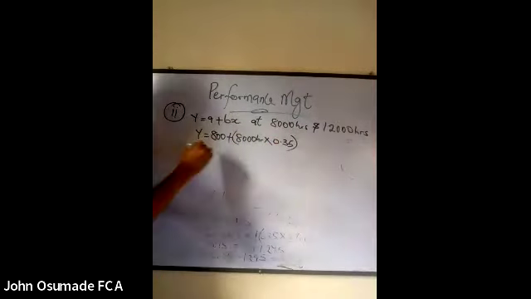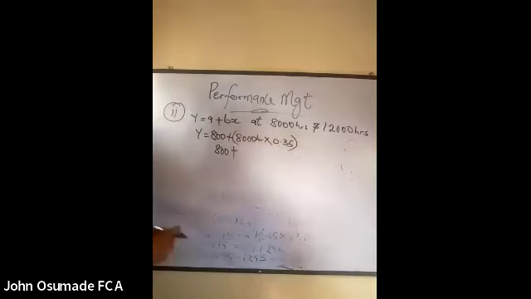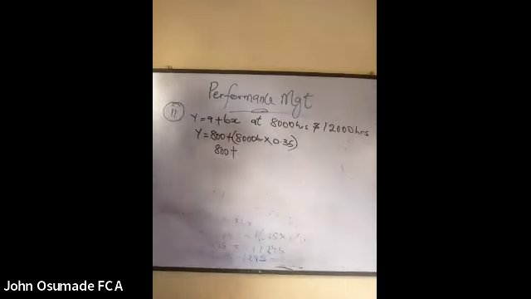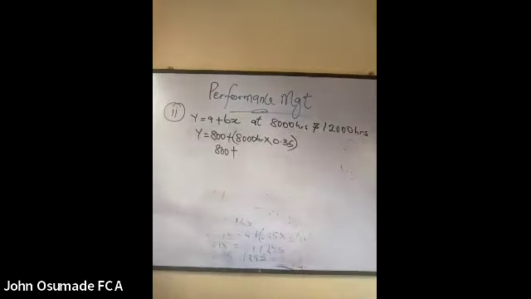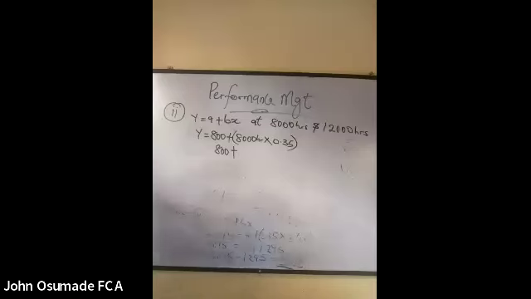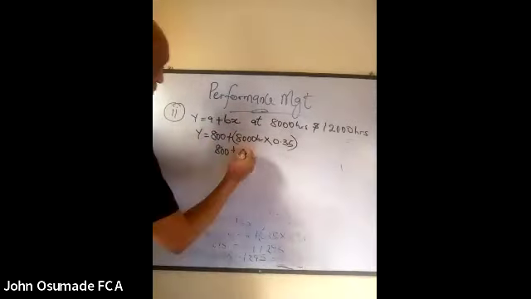That will give us 800 plus 8,000 times 0.35. 8,000 times 0.35 is 2,800.